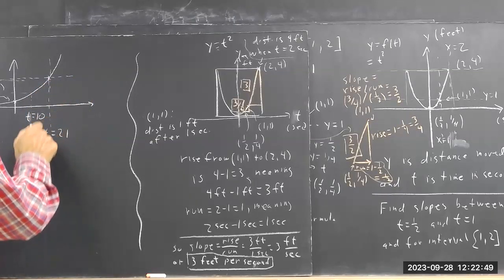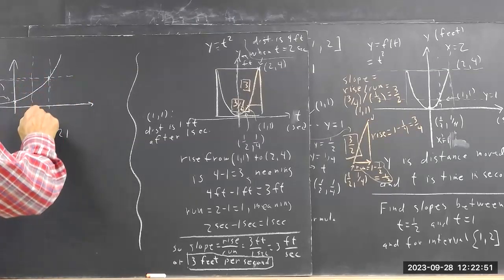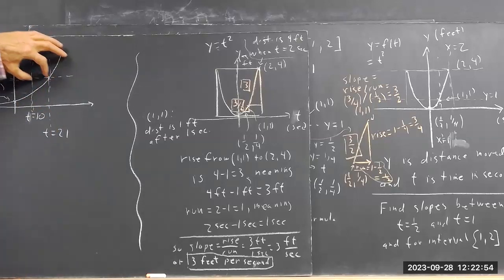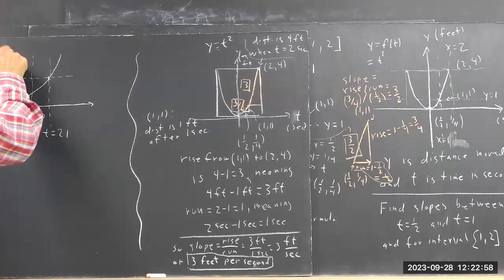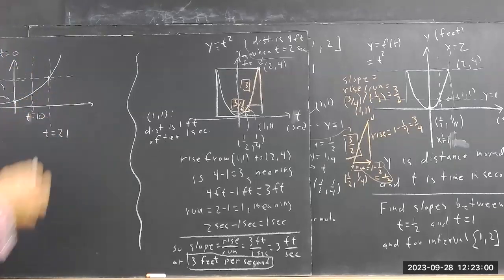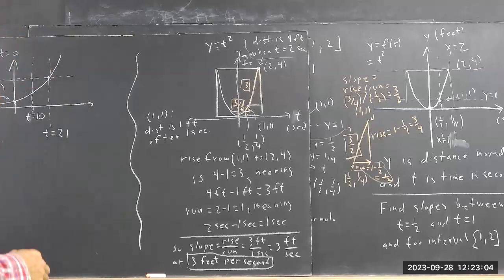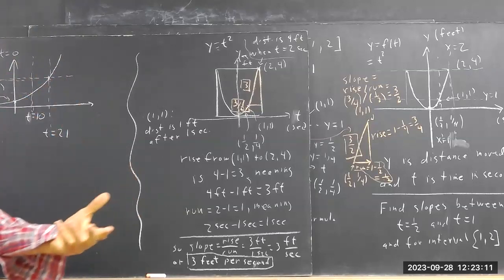So this line is t equals 21. This vertical line is t equals 10. And we see that they're pretty much evenly spaced with t equals 0, right? So we can put t equals 0 here in the y-axis. So we go 0, 10. I said 21. I'm thinking maybe it's closer to 20, but I'm going to go with 21. I don't want to use too many round numbers.